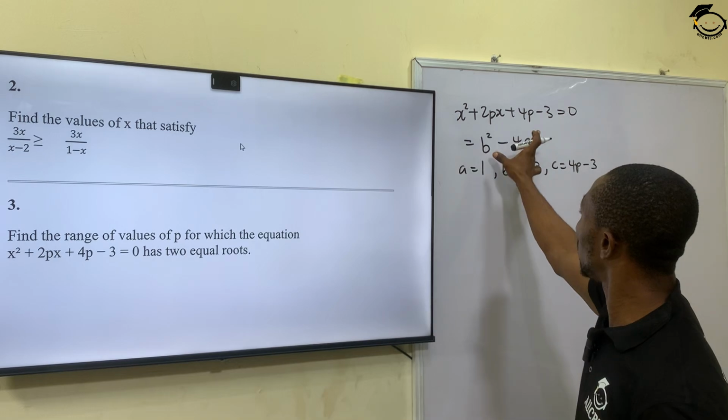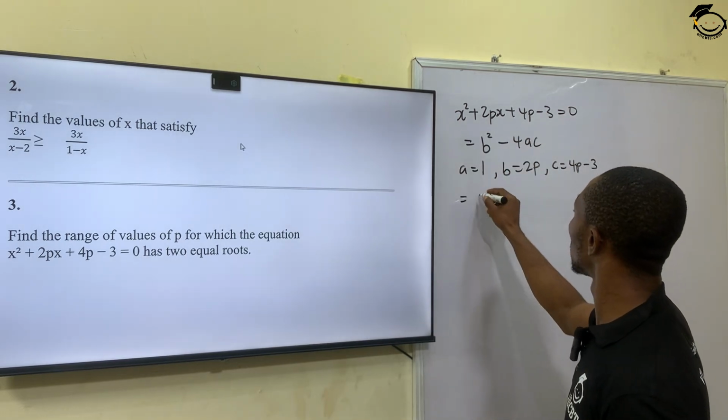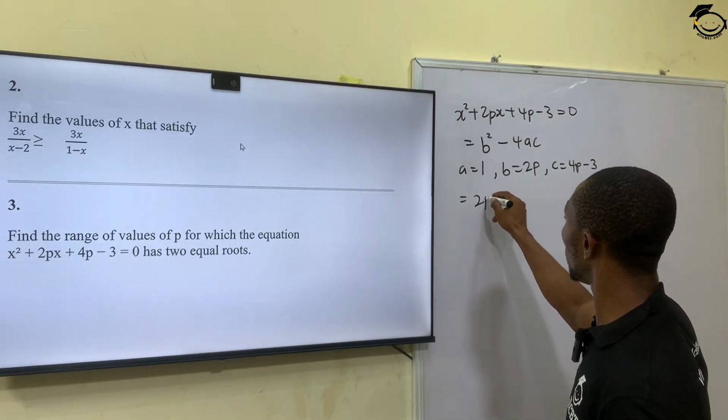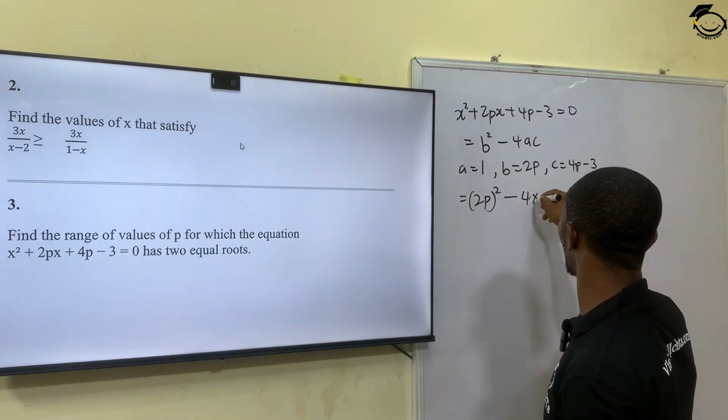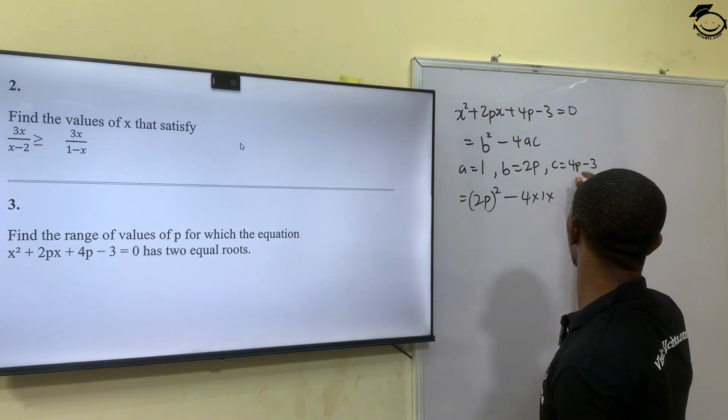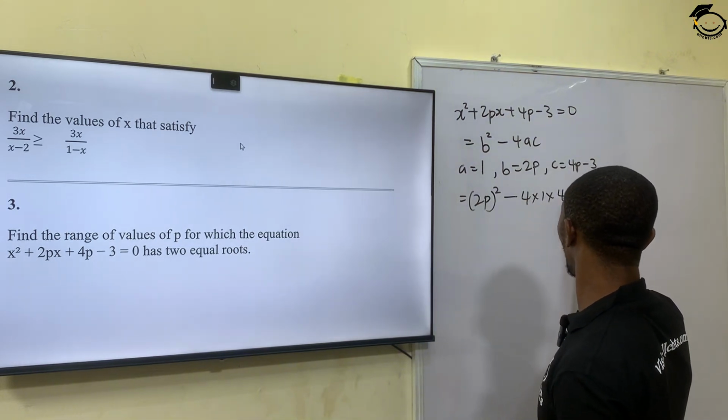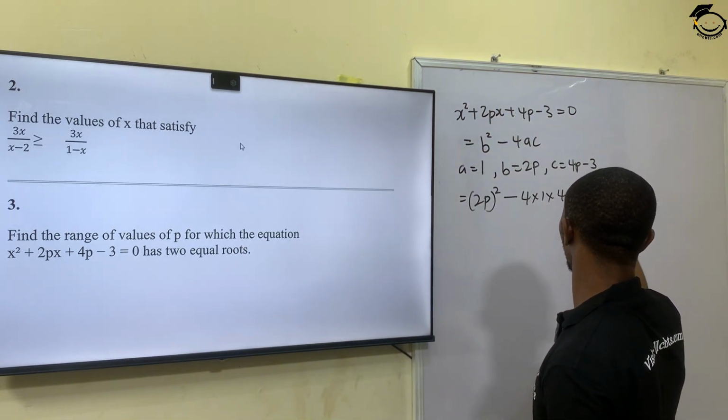Now, substituting into this will give us b squared, which will be 2p squared minus 4 times 1 times c, which is 4p minus 3.